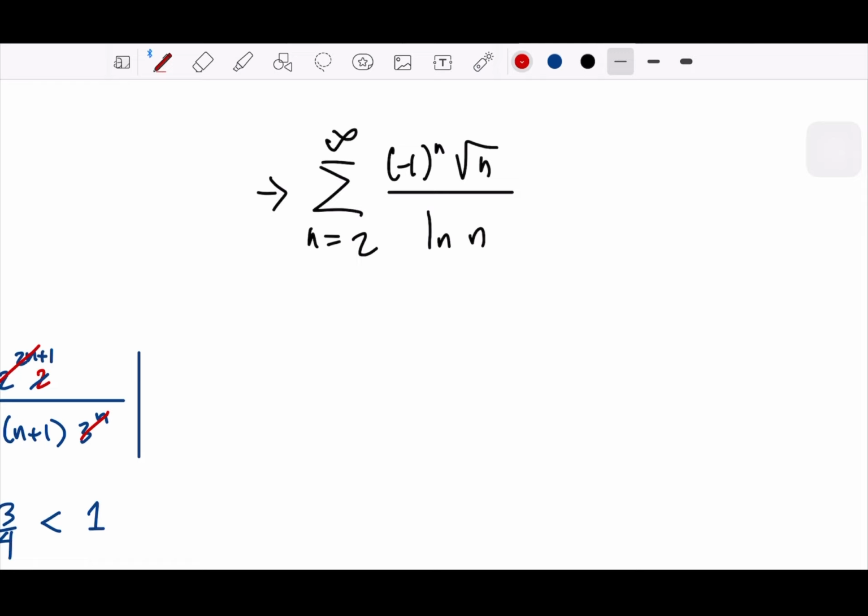Or even if you want to take the comparison test, I think it's difficult because you have the ln on the bottom side. So probably what you can do is just try the divergence test. So take the limit of the sequence.